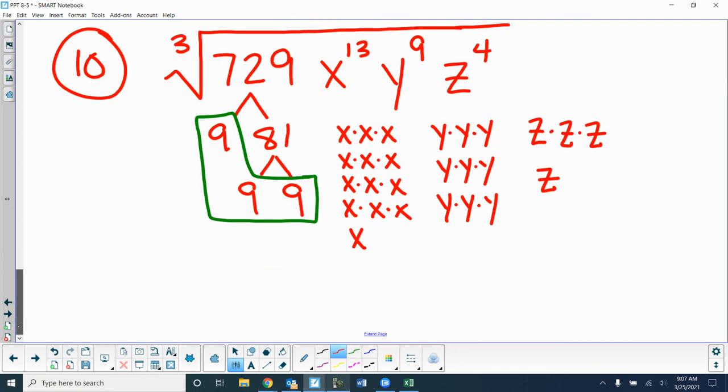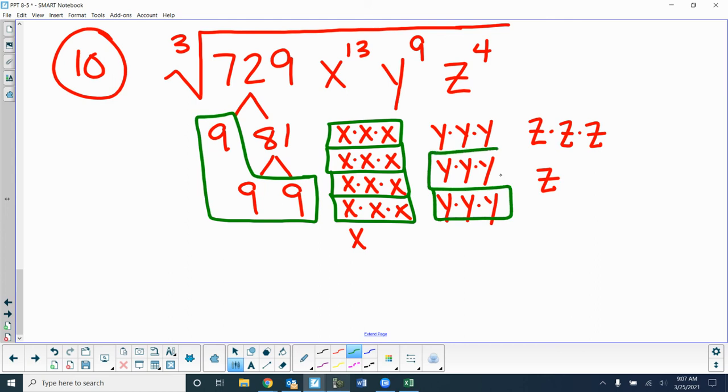So I'm gonna look for groups of 3. So for each group of 3, I can pull that number or letter out, right?